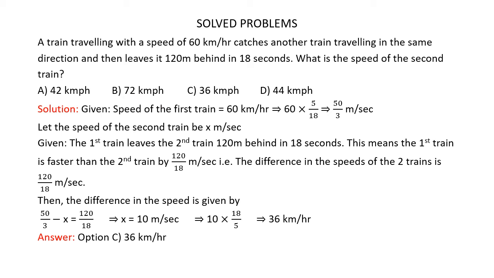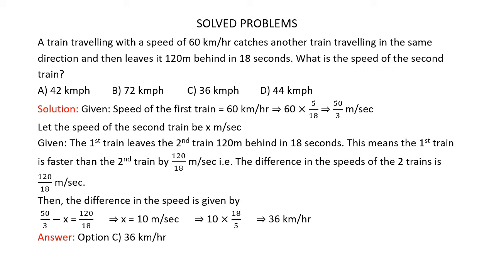Now it's given that speed of the first train is 60 kilometers per hour. Now let's convert this kilometer per hour to meters per second by multiplying with 5 by 18. So 60 kilometers per hour is nothing but 60 multiplied by 5 by 18, which is 50 by 3 meters per second. Now we are asked to find the speed of the second train.